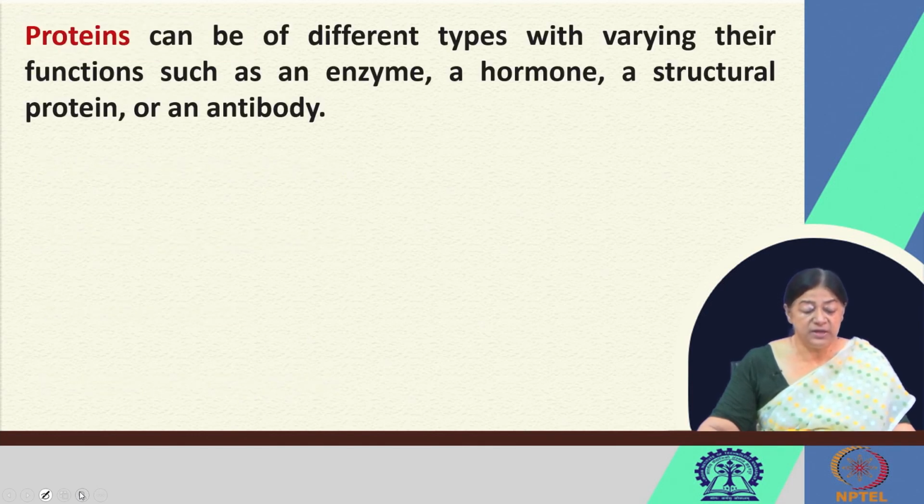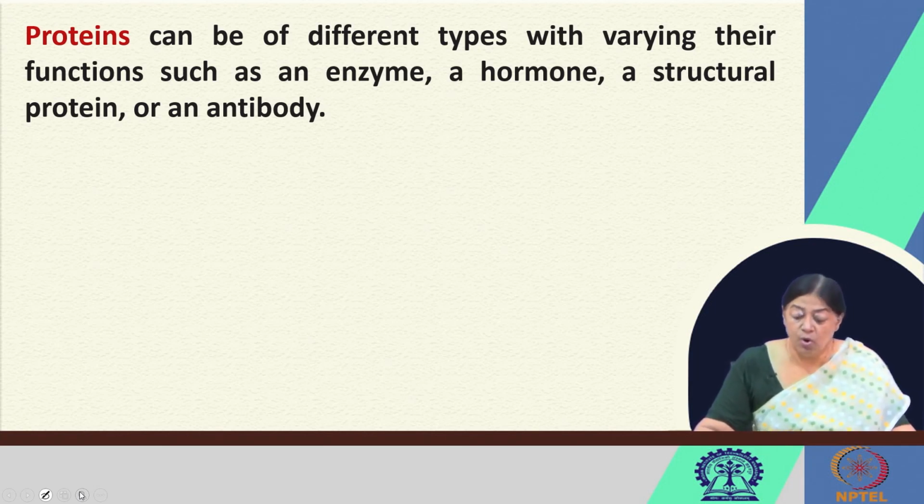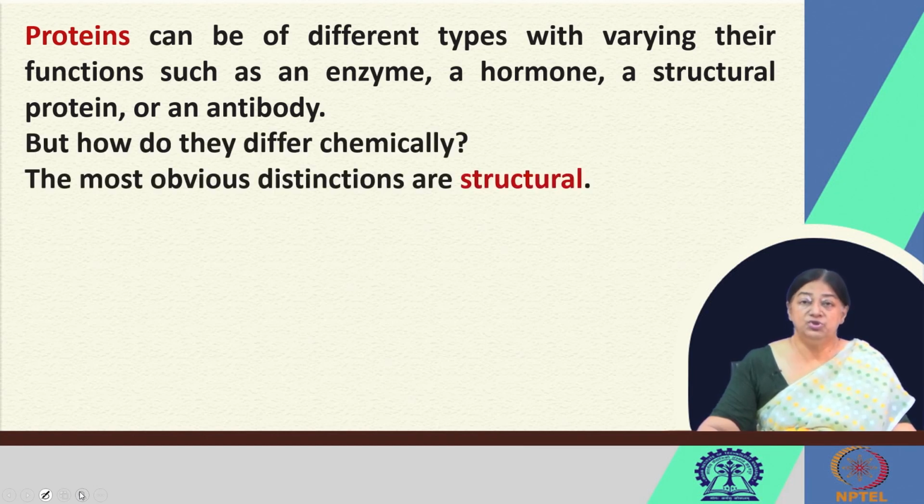So, the first thing that we can think of is, what are proteins? Proteins can be of varying types. They can be enzymes, hormones, structural proteins or even antibodies. If we look at the overall structure of the proteins, they are distinct in nature.